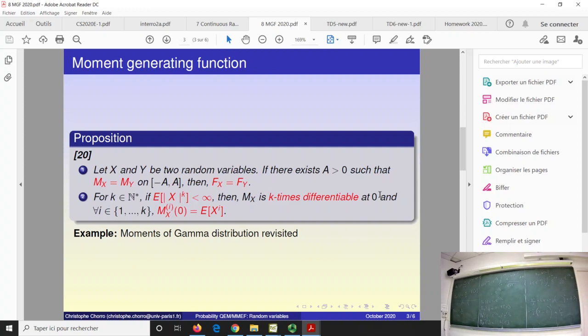Really difficult, in particular the first point. That's why you don't have the proof in the list of proofs. If you want some reference I can give you concerning this proof, but it's totally out of the scope of the program of this course.